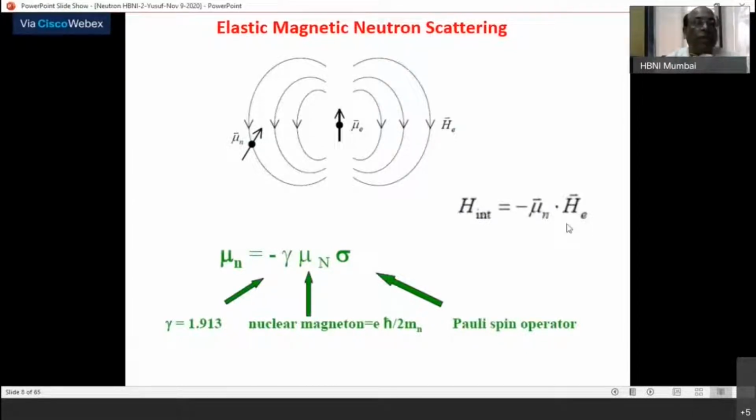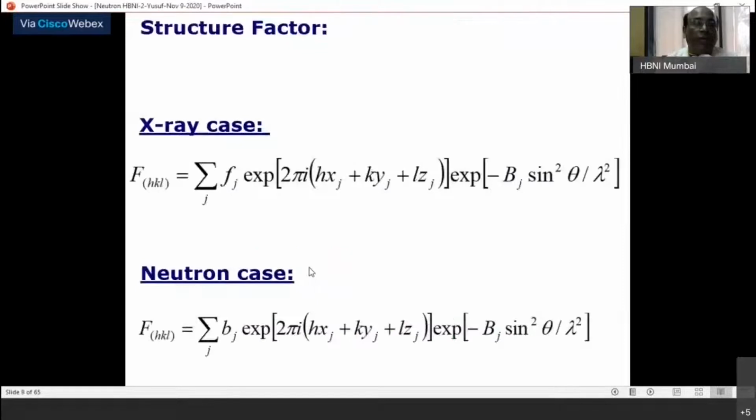The Pauli spin matrix is there, and the nuclear magneton, which is very tiny compared to the Bohr magneton that comes from the electronic magnetic moment, because the neutron mass is in the denominator.